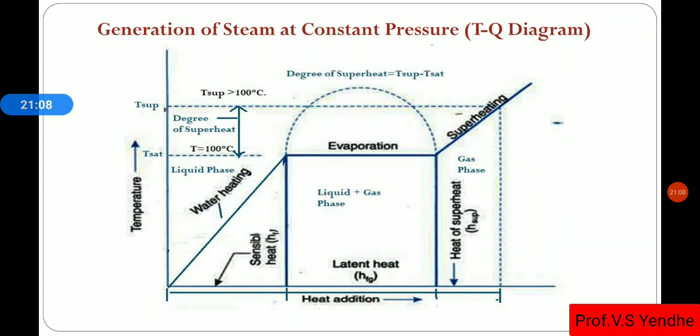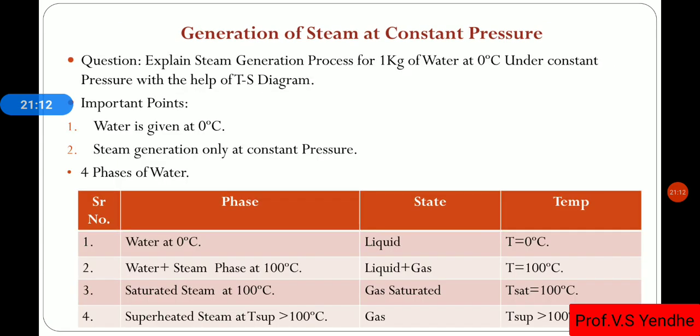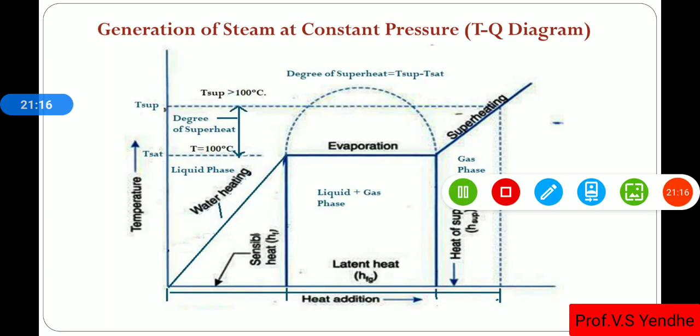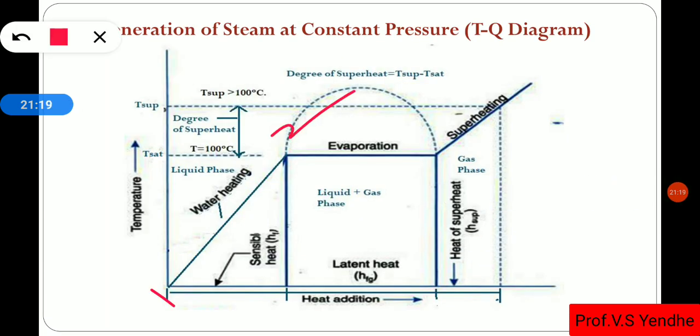So this is 1, 2, 3 and 4. Okay. So after heating these saturated vapors at temperature greater than 100 degrees Celsius, at point number 4 we will get what?